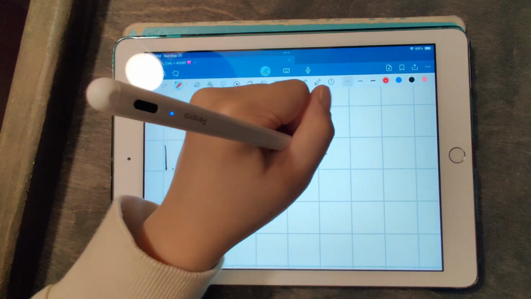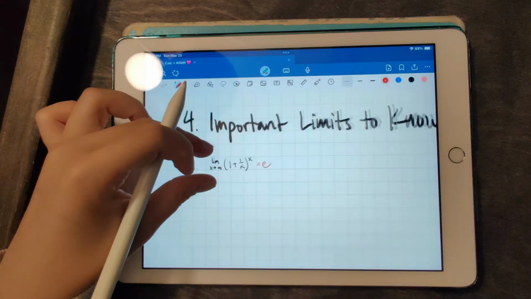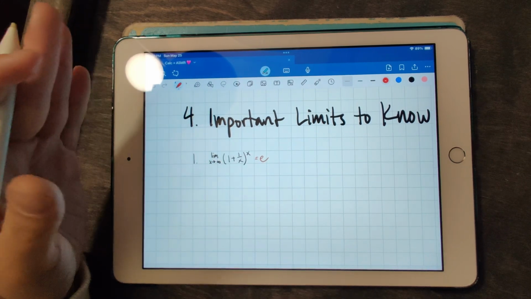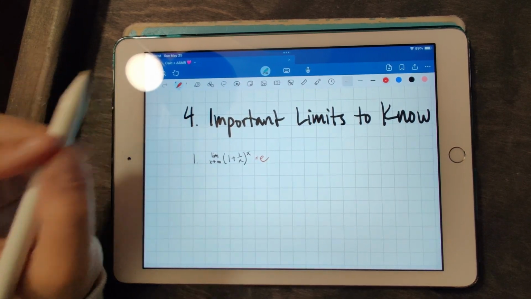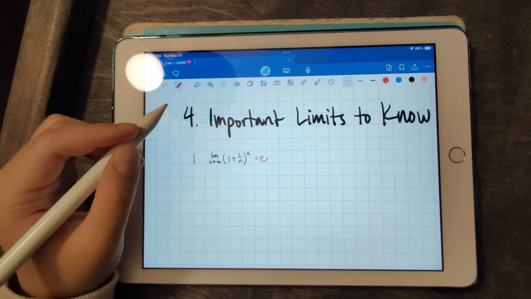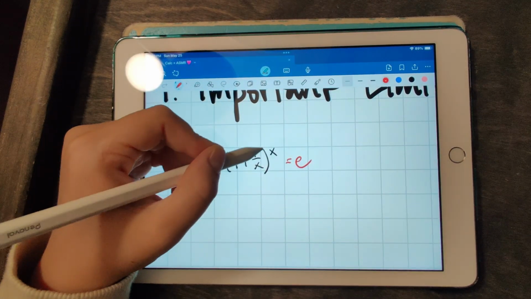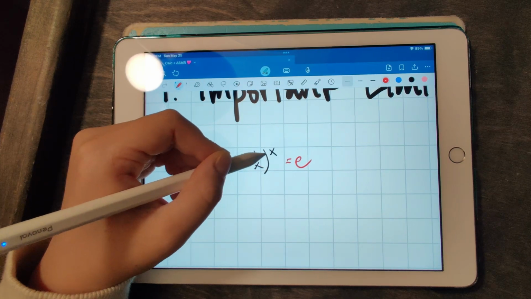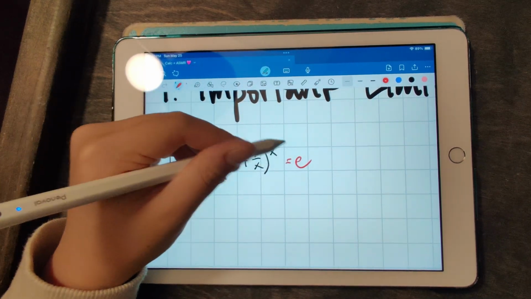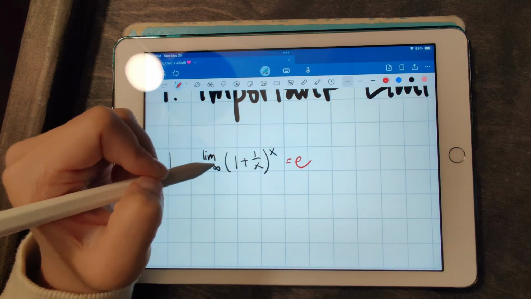That is equal to e. That's literally the definition of e, at least that I was taught, and it has a lot of important applications in things like compound interest.